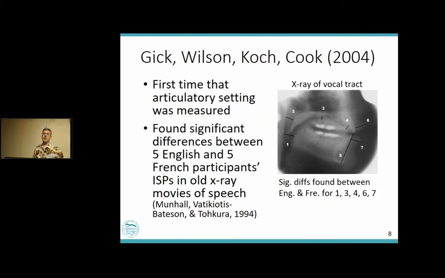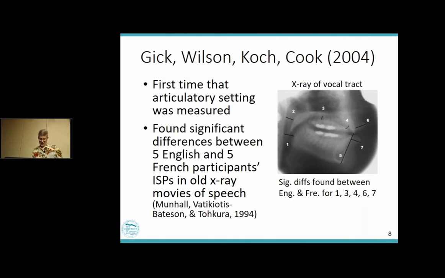Jick, Wilson, Koch, and Cook in 2004 first measured articulatory setting through ISP. And we found significant differences between 5 Canadian English and 5 Quebecois French participants' ISPs, in old X-ray movies of speech. Those are from Munhall et al.